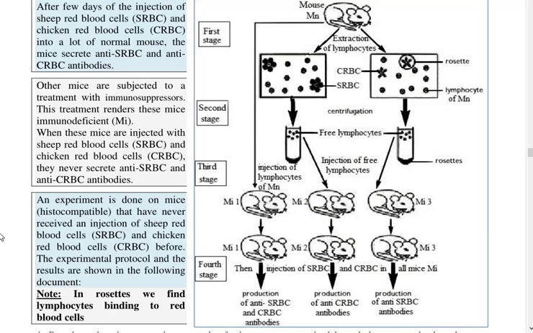طيب أول شيء ماوس MN, first stage: extraction of lymphocytes. هون SRBC هون CRBC.